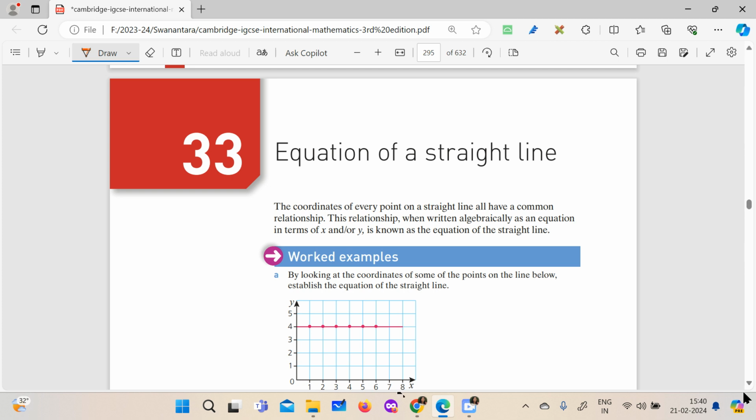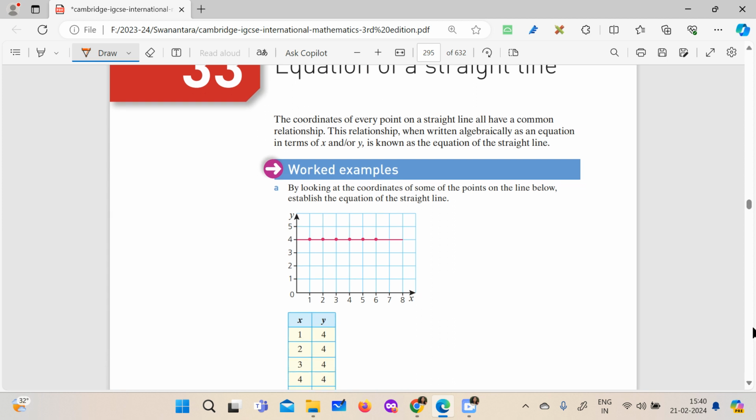Okay, so we have another topic coming up, equation of straight line, which we have discussed already. Can you tell me what could be the possible equation of this line? This line, just this line.